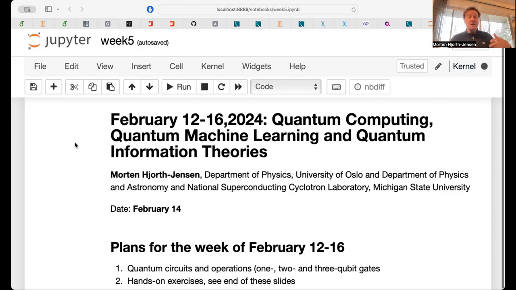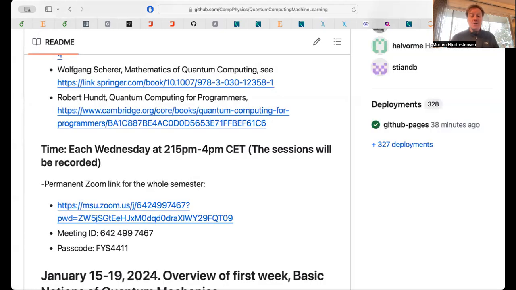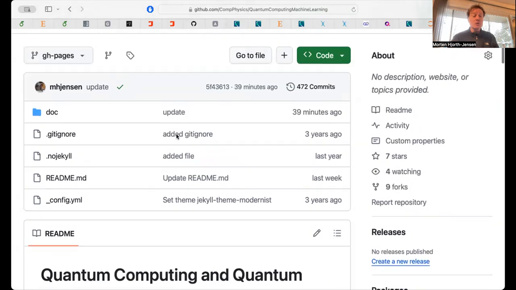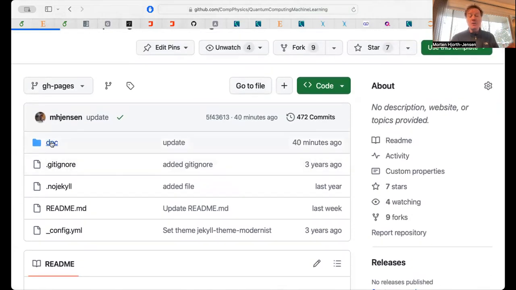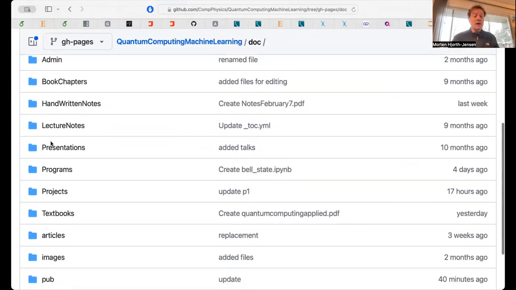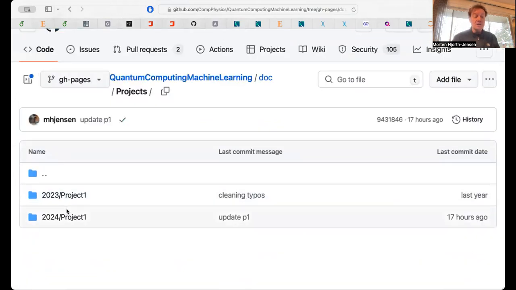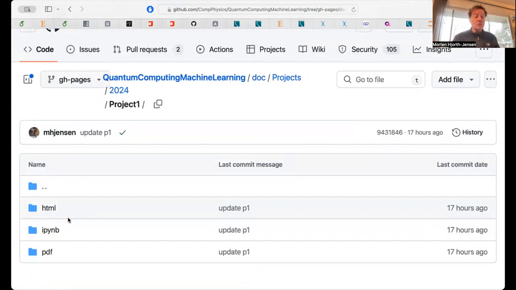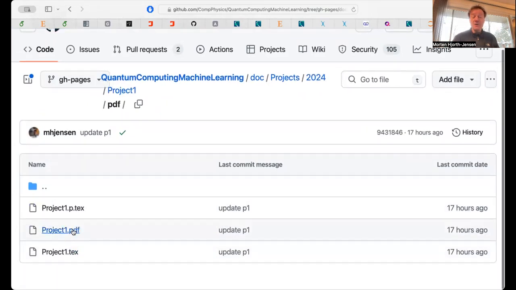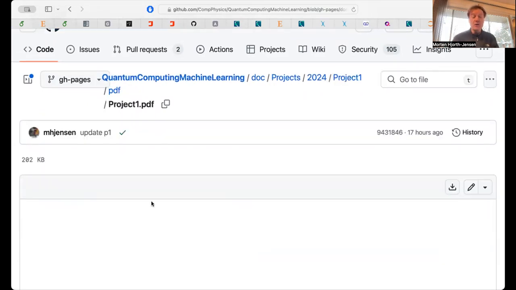So you will see the first Hamiltonians which we will encounter in the project. If you go to the website of the course, the GitHub address, and you click on doc here, and you scroll down to projects, and you click on project 1, you will find the PDF file here, which was also sent to you electronically.